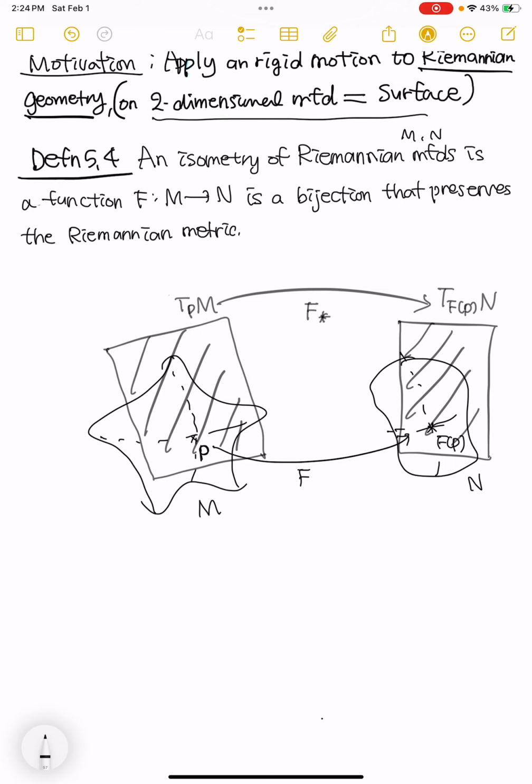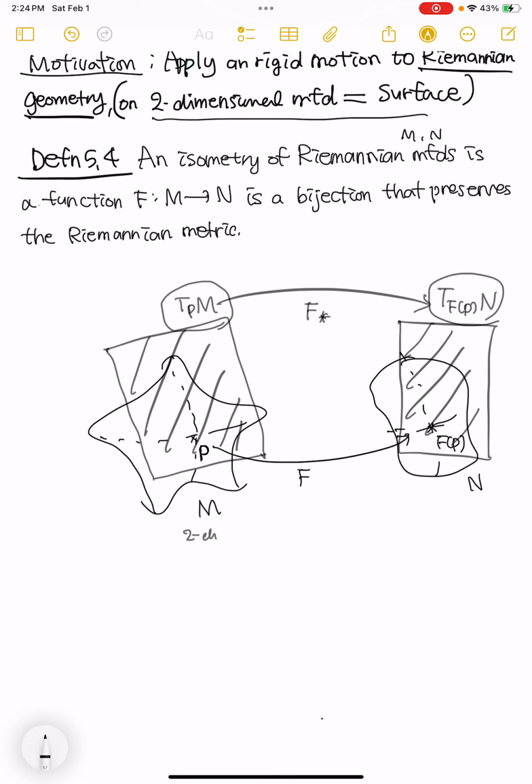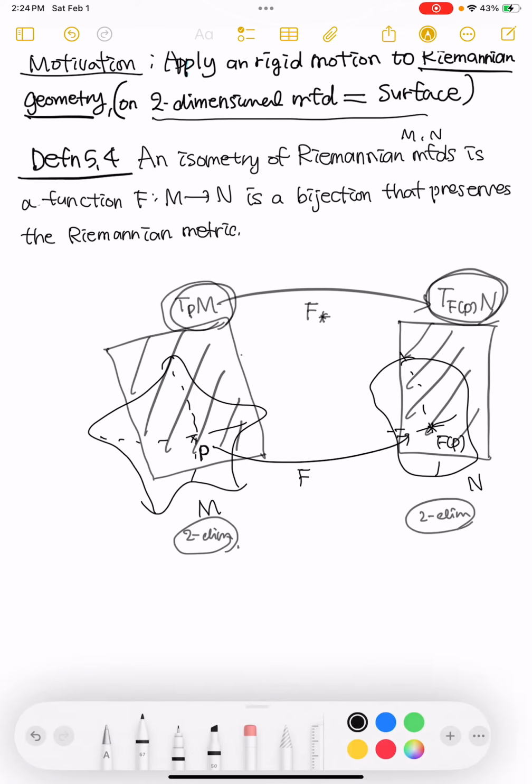As I said, in a Riemannian manifold, we define a tangent plane with derivations, okay? And if we restrict to two-dimensional, then that corresponds to a plane.